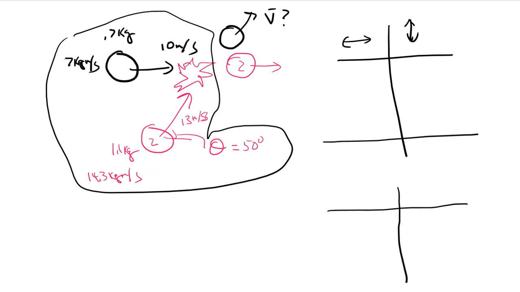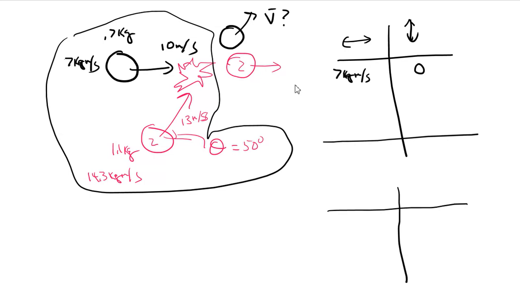And let's deal with this one first. It doesn't have a vertical component because it's just moving horizontal. So all of its momentum is 7 kilogram meter per second. That we know. And the next one, now I have to break it up.